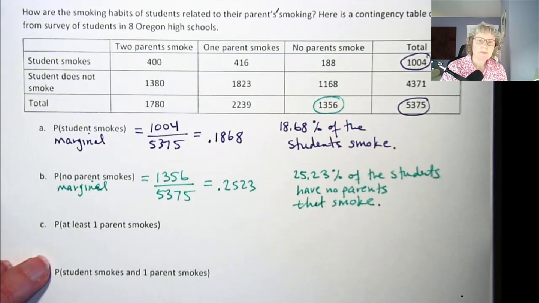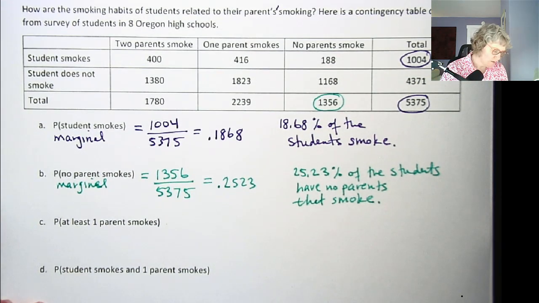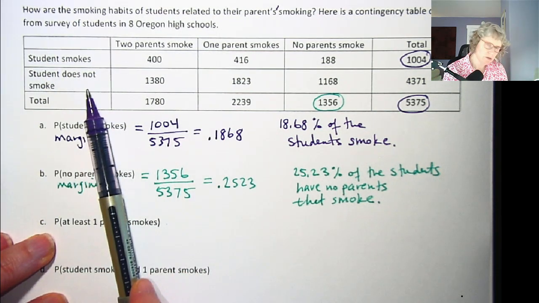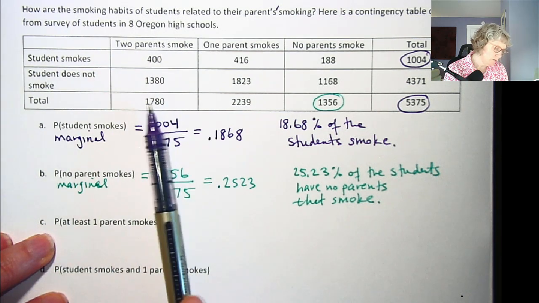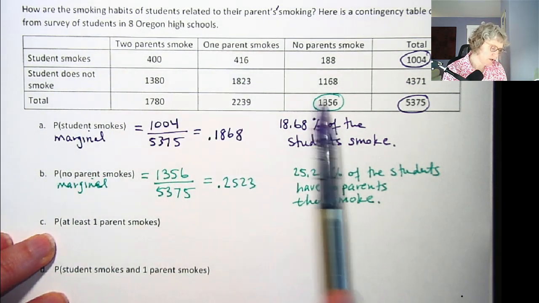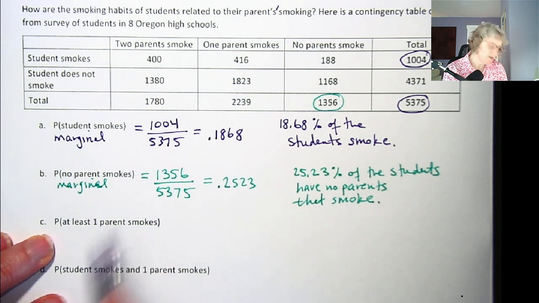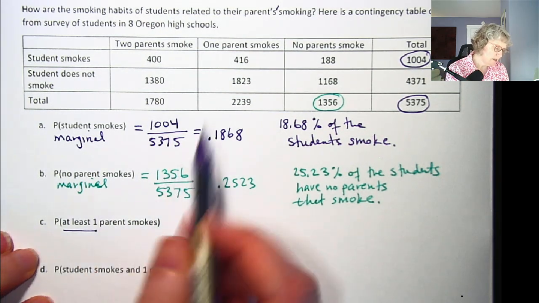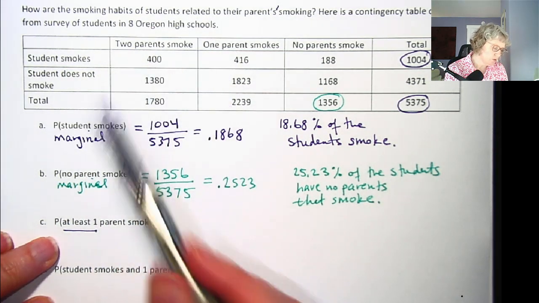Okay. At least one parent smokes. Now we need to think about this. Students are in the rows, so we're in the columns. We have 2 parents, 1 parent, and no parent. Sometimes we need to combine rows or columns. At least one, in this case, is going to be 1 or 2, right?